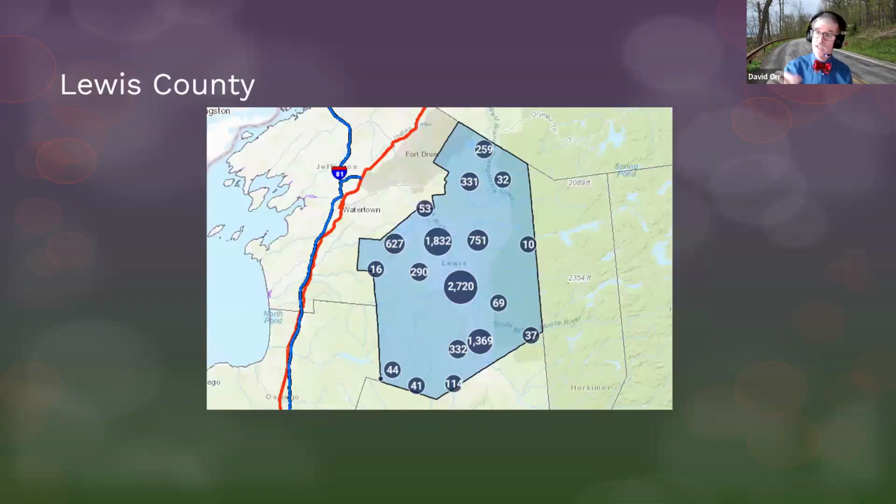Now, what we did is we actually took data for a 10-year period in Lewis County. All crashes, all types, all roads, local, state, everything we could get. There are 8,928 crashes that occurred that are recorded in the county. Now, that doesn't include near misses. That's something we know is an issue, but these are the numbers that are included.